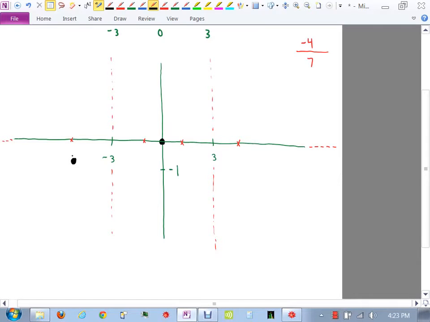Now plug in negative 1. What would you get if you plug in negative 1? Negative 1 over negative 8, right? Which would be 1/8. So over here at negative 1, wouldn't I be up just a little bit like this?